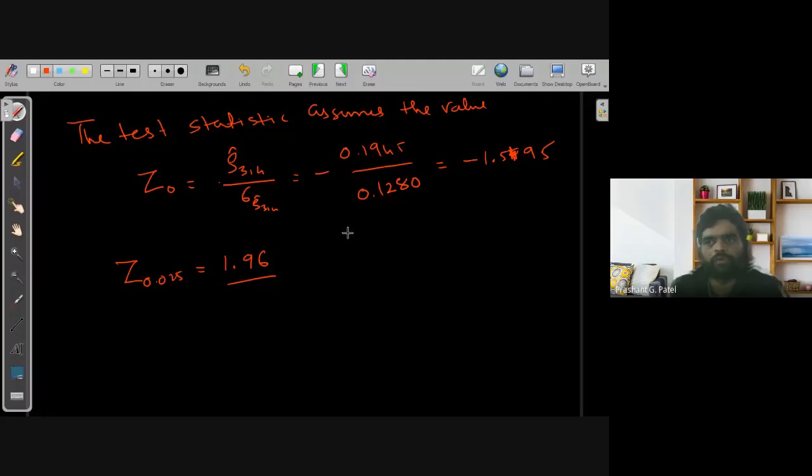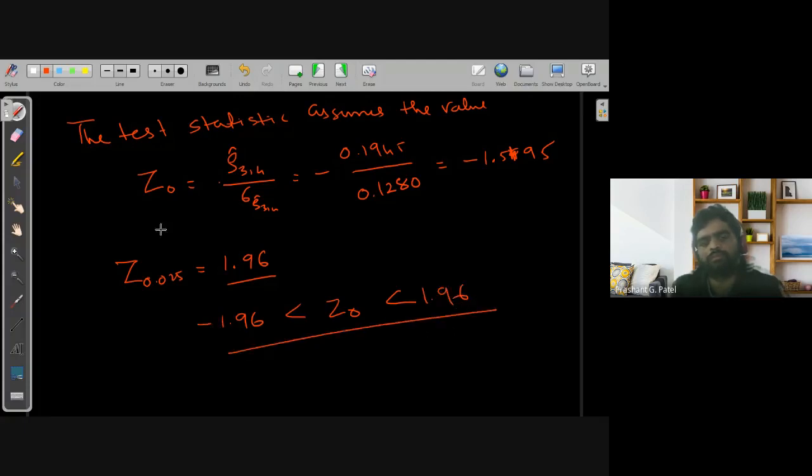Okay, therefore what can we say? The value has to be in between minus and plus 1.96. If it is in between, then we cannot reject. This Z0 is in there.